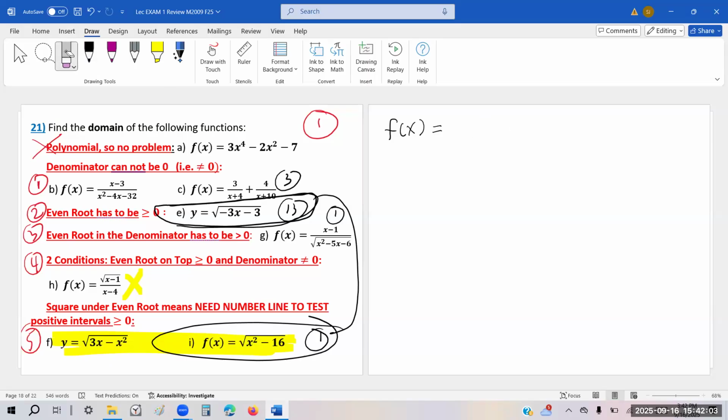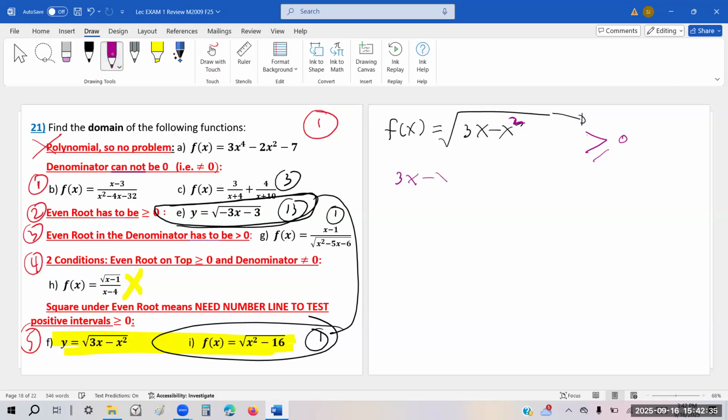Actually, let me do the first one. 3x minus x squared under the square root. Now, what is the condition for any even root function? It cannot be negative. So the function has to be bigger than or equal to 0.